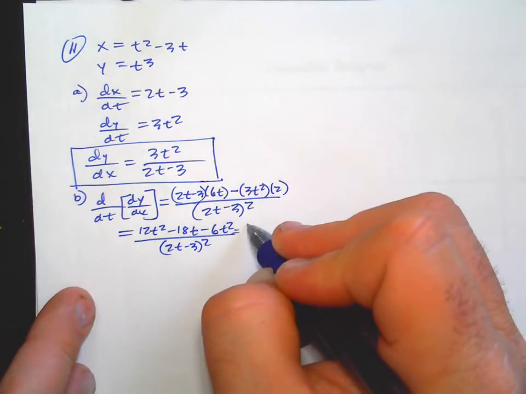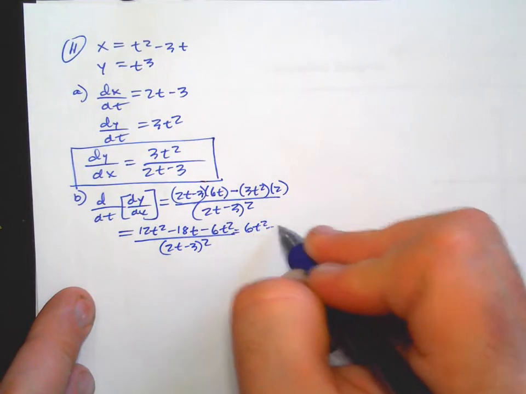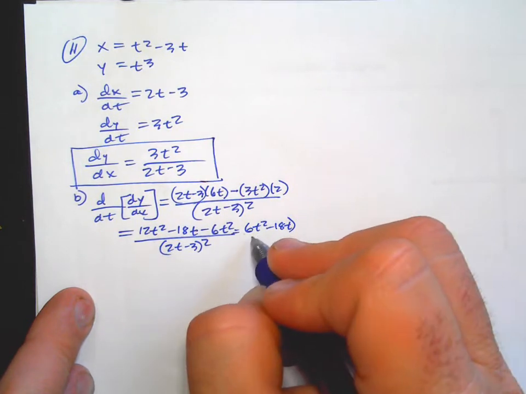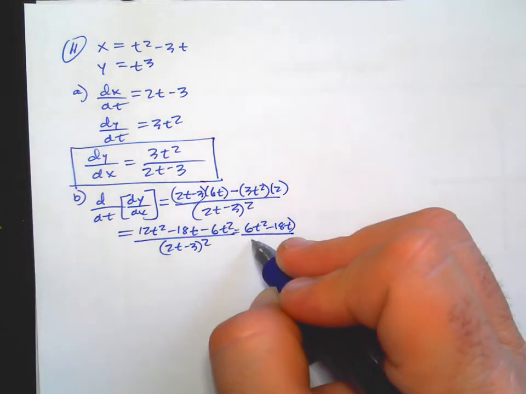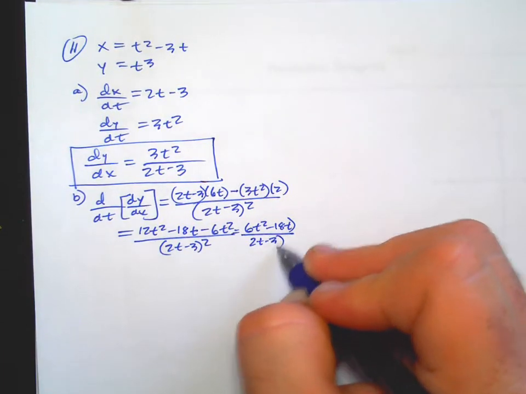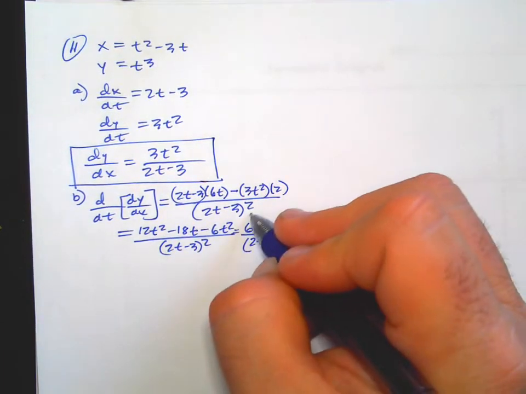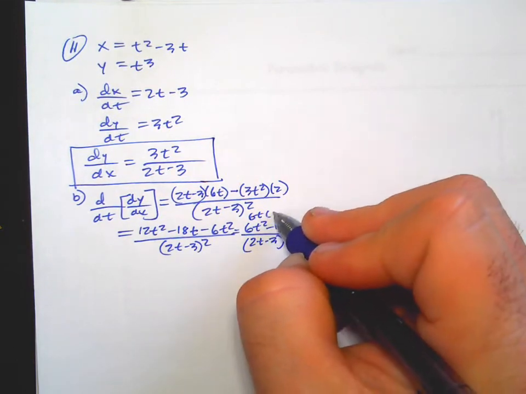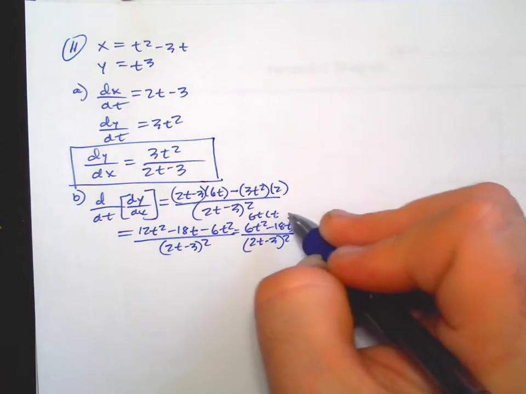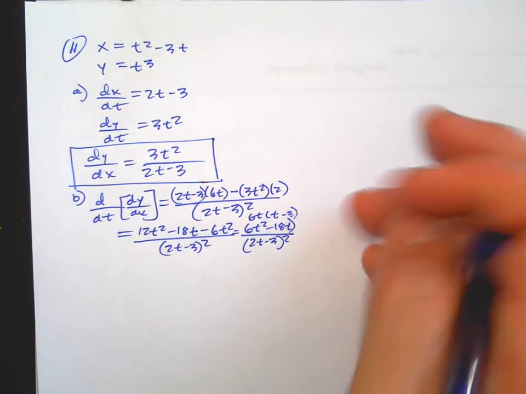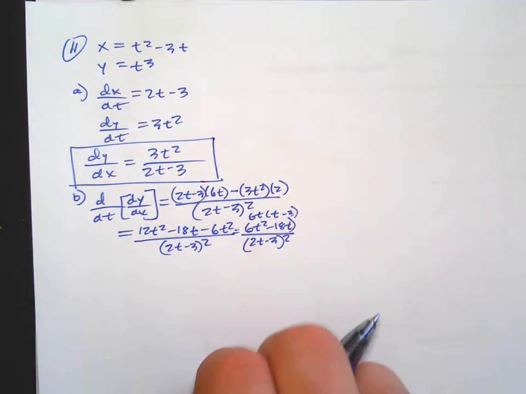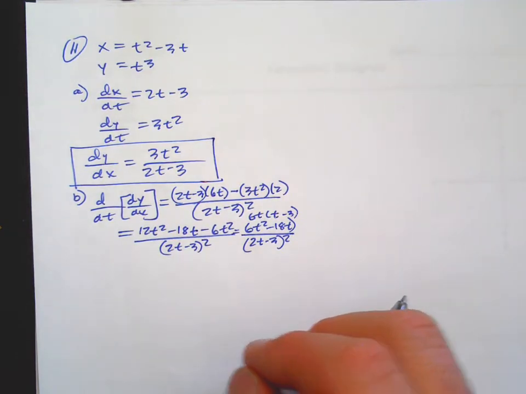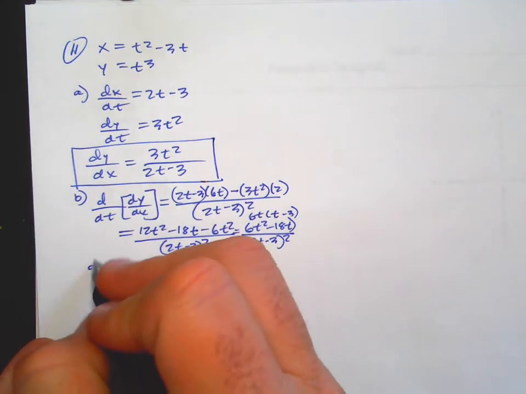So that's going to be 6t squared minus 18t. I don't know. It might be worth it to factor this. Looks like we might be able to simplify it a little bit. So if we took a 6t out, I would leave a t minus 3. No, that doesn't really do anything. I thought it might, but it doesn't. Okay. So I think we'll just go with that.